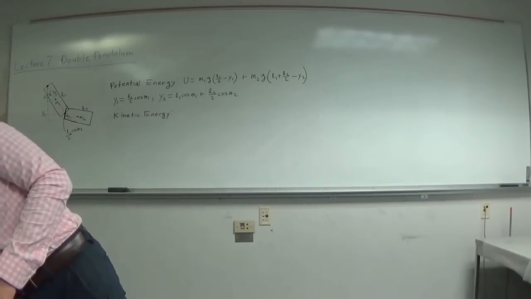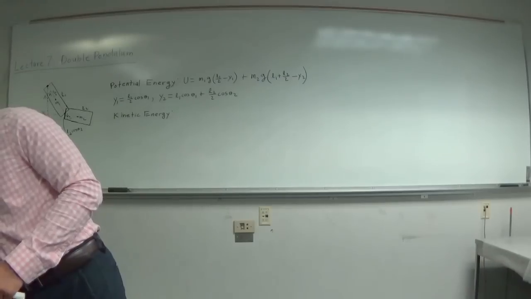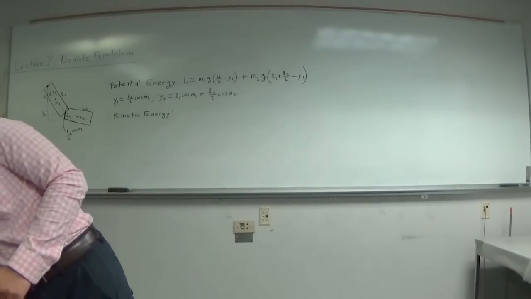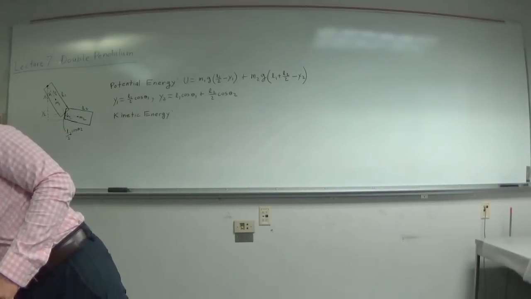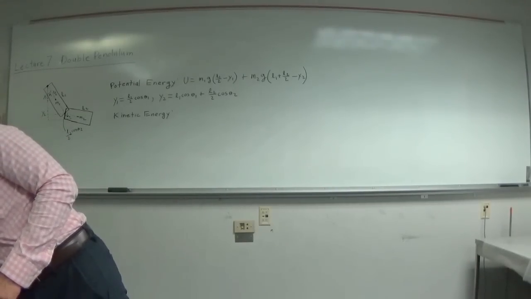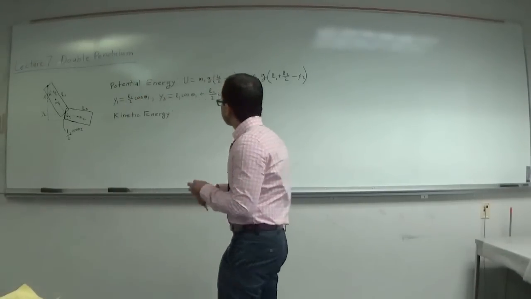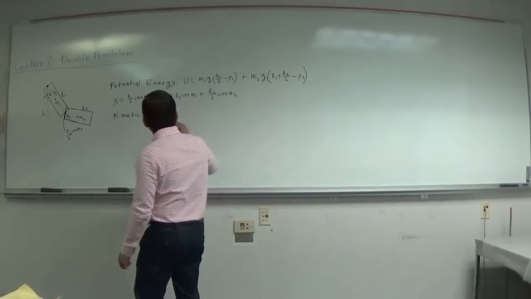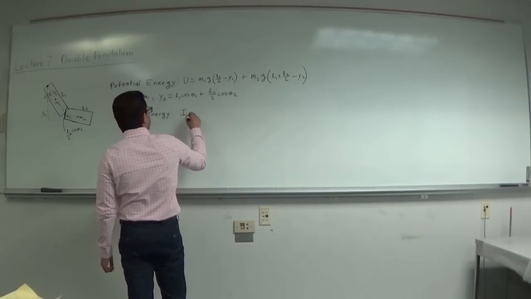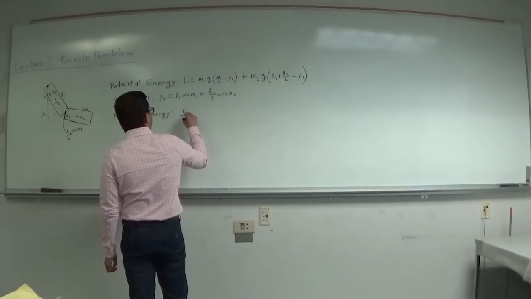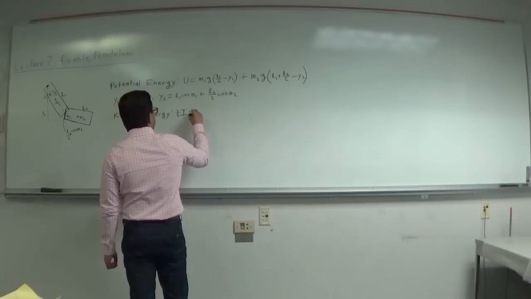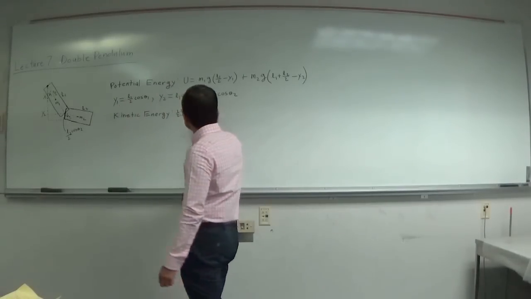Here we have a rod. Rotational. So we're going to need rotational, right? We need a rod moving on some sort of pivot. So that's where we're going to get the rotational kinetic energy from. So we need to find 1/2 I omega squared, right? So I'll give you what that is.